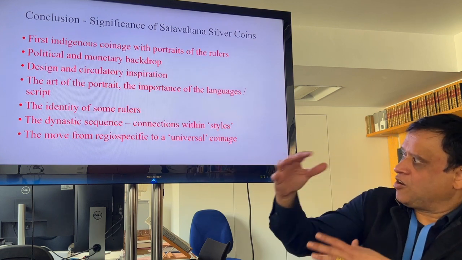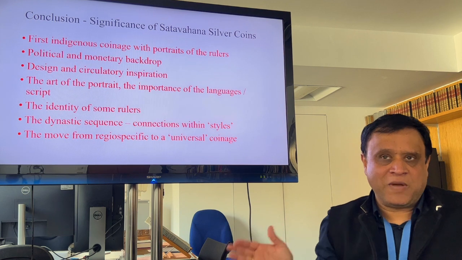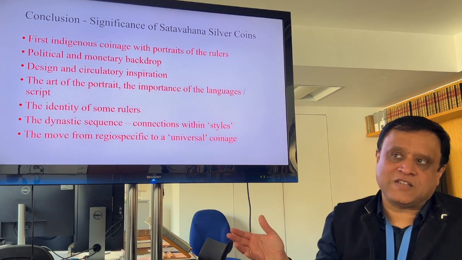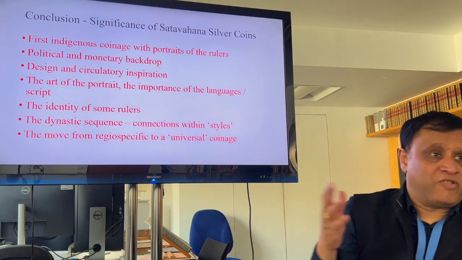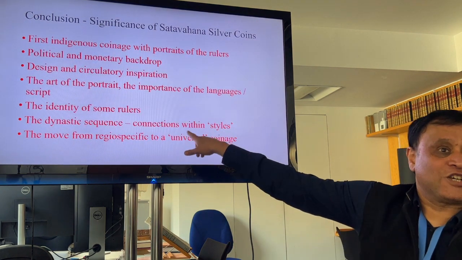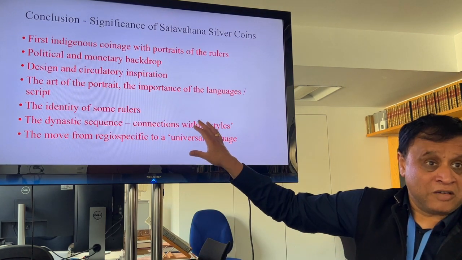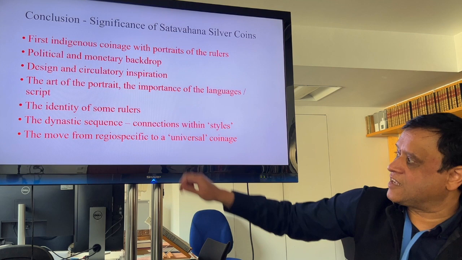But that kind of sequencing, how do you establish, between these so many Vasishtiputras, who came first and who came later, can be shown through this connection of their portrait styles. So there is a direct utility in establishing the dynastic sequence.